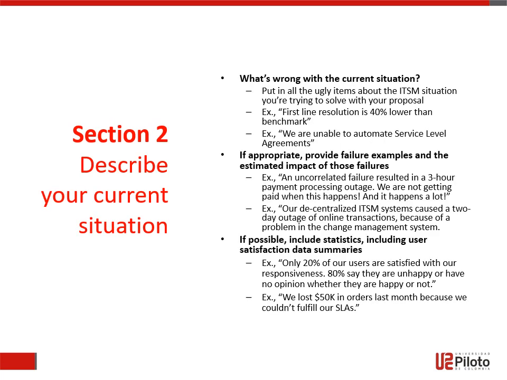The second step consists of describing the current situation. So for this section, I want you to answer the following questions. First, what's wrong with the current situation? Describe what the problem is and put in all the ugly and challenging items that you are trying to solve with your proposal.